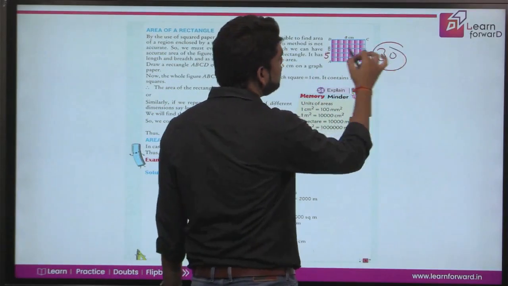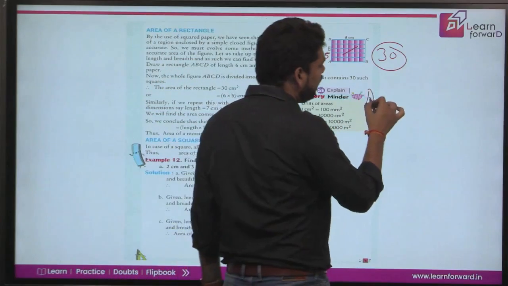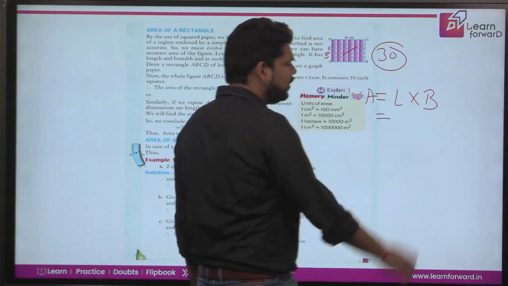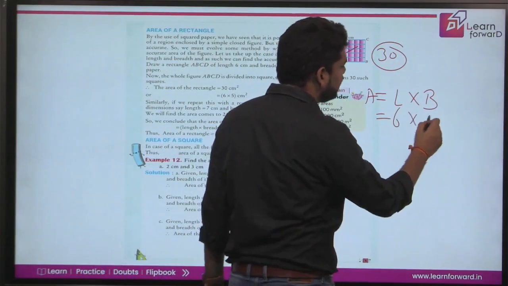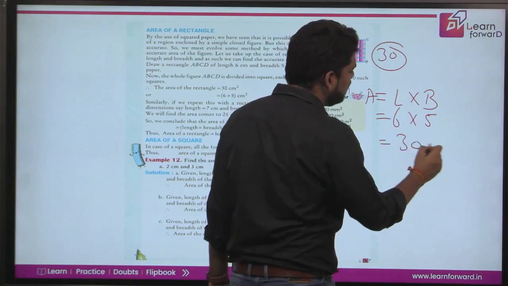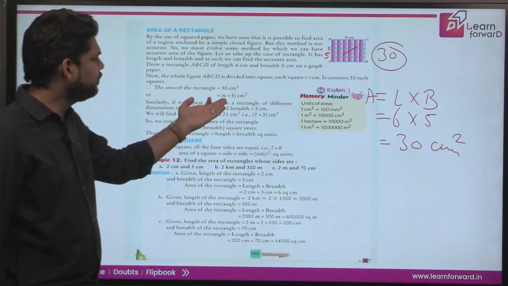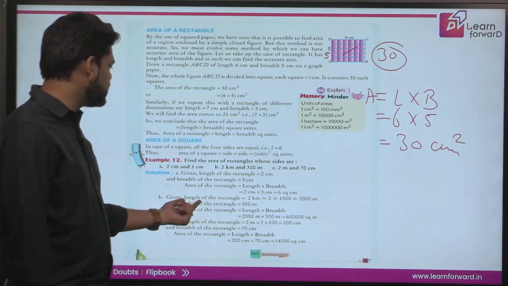That means 30 squares are there in this particular rectangle. So the area of rectangle is length multiplied by breadth. Write down. Length multiplied by breadth. The length was 6, breadth was 5. Answer is 30 centimeter square. Fine. Area of square, I have already told you, side into side, we can find it out.